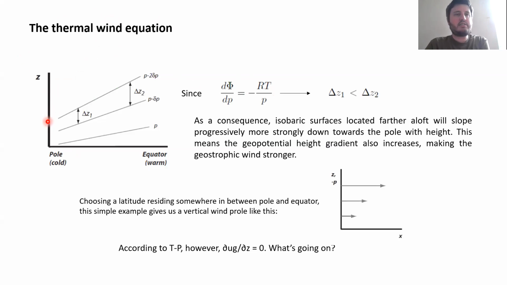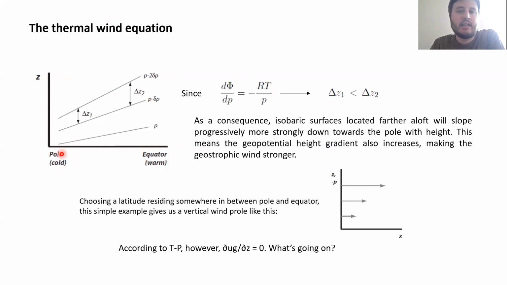Imagine this is our vertical direction, and this is our meridional direction. Here we have the equator on the right, and here the poles.